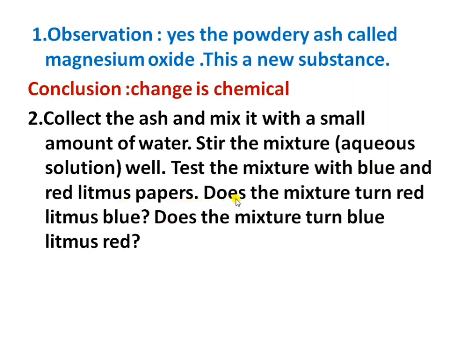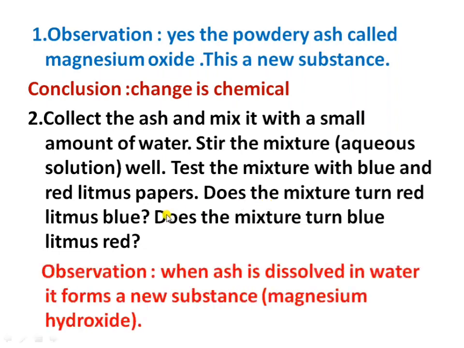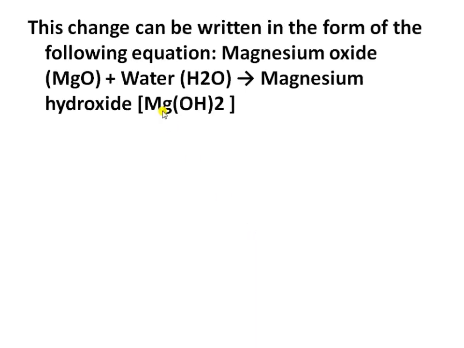So the question is, does the mixture turn red litmus blue, or does the mixture turn blue litmus red? The observation is, when the ash is dissolved in water, it forms a new substance, that is magnesium hydroxide. So the equation is here.